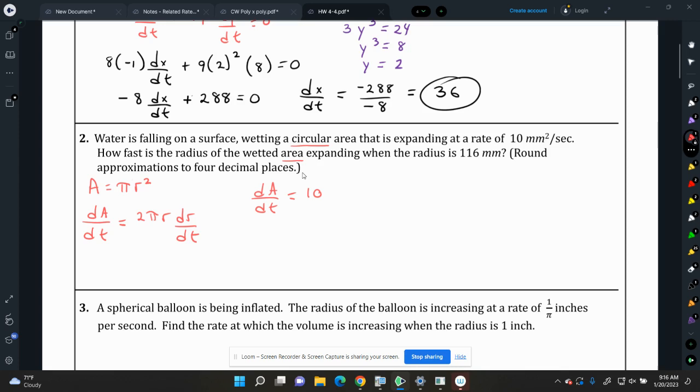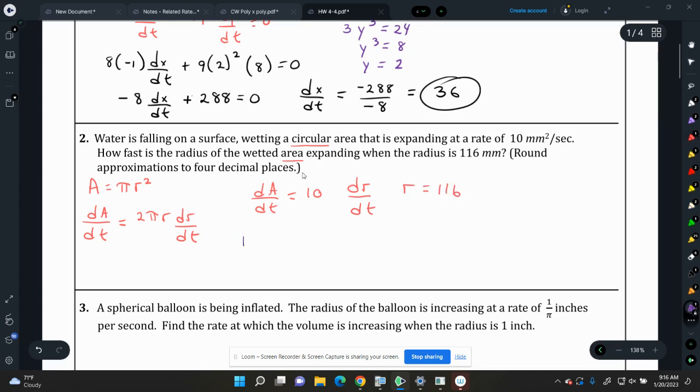How fast is the radius expanding? So we're looking for dr/dt when r equals 116. So we have 10 equals 2 pi times 116 dr/dt.